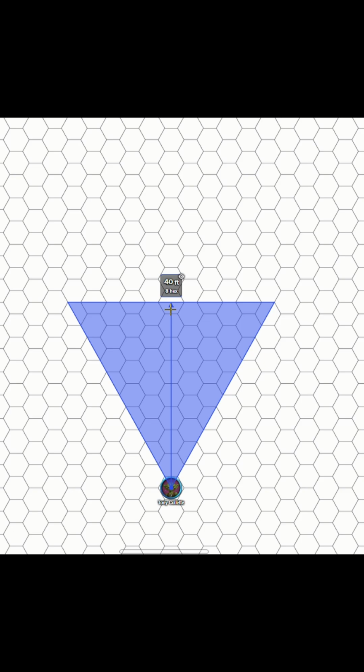So you can see that the cone follows right along the vertices of the hexes. And that's a lot more accurate looking and a lot easier to deal with than, say, you were doing it on a square grid.